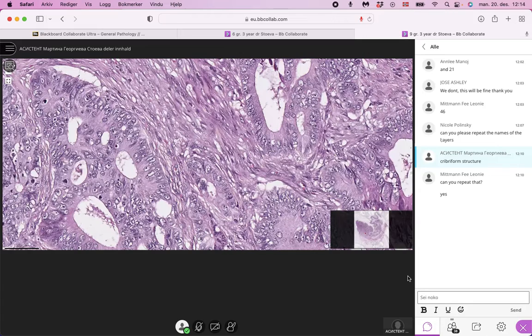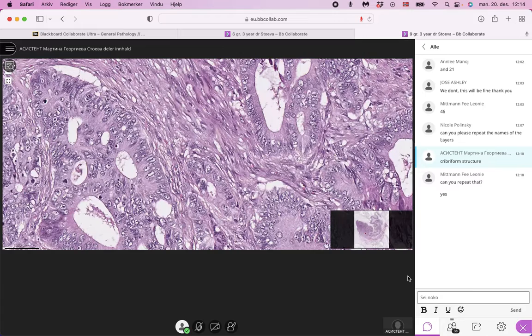And here we see that the tumor glands already infiltrate the submucosal layer. And even the superficial portion of the lamina muscularis propria is also invaded. So here we have bundles of smooth muscle cells, which are already infiltrated by the tumor glands.